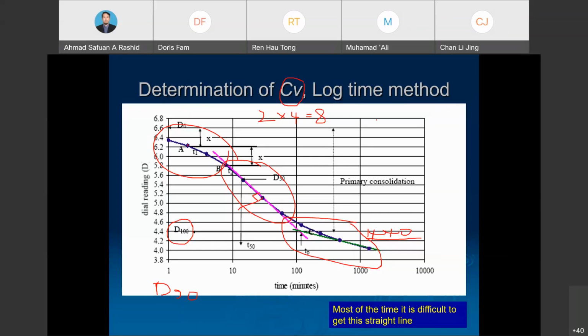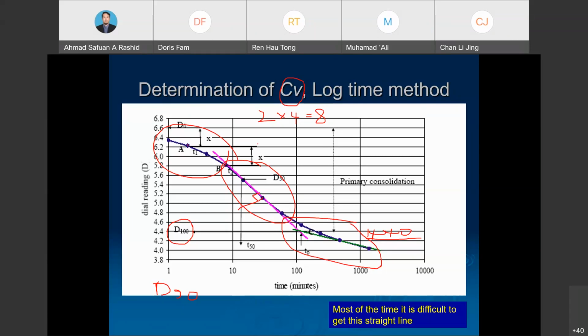So this 8-minute value, from the point of A, we should draw a horizontal line. And the same go to the 8-minute where we give a symbol of B. Then we draw a horizontal line on the B point.